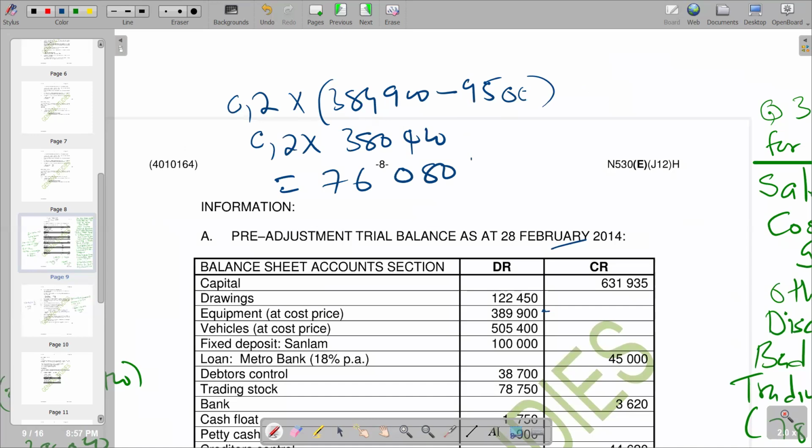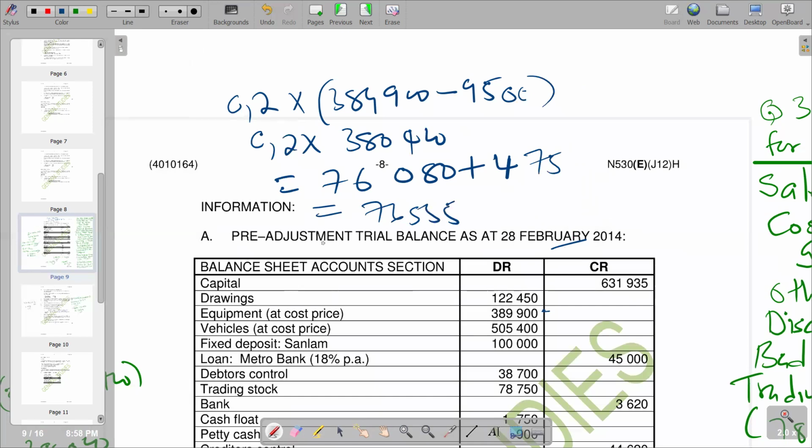Then you add the depreciation that we got for the 3 months, which was 475. Remember, for the equipment that was introduced during the year at 9,500 cost, we calculated depreciation and then apportioned it for the 3 months and got 475. So 76,080 plus 475 gives total depreciation for equipment, which is going to be 76,555.